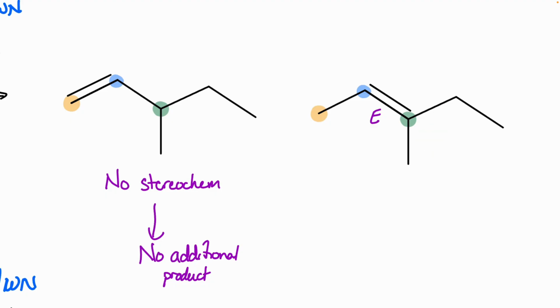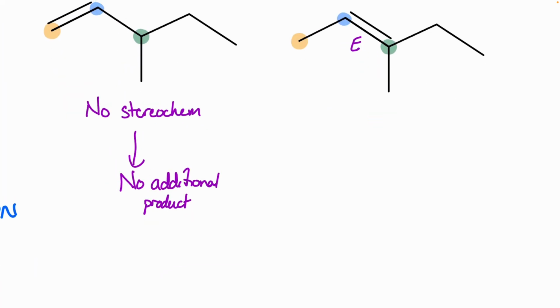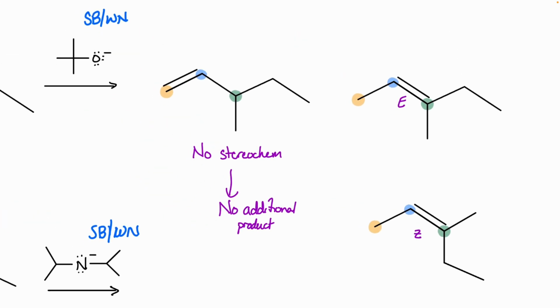So I could either swap this methyl group and this hydrogen, or I could swap this methyl group and this ethyl group, whichever one I wanted to pick. In this case, I'm going to go ahead and swap the ethyl and the methyl so it's a little bit more obvious. Now I'm going to have my methyl group pointed up and my ethyl group pointed down. This is my Z stereoisomer here.